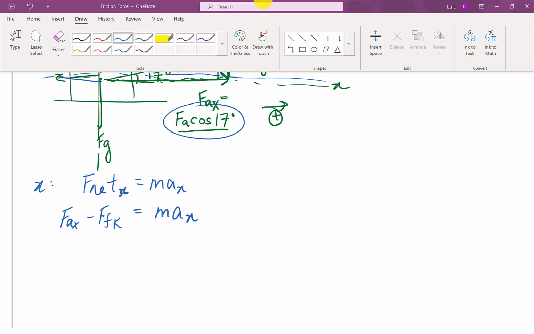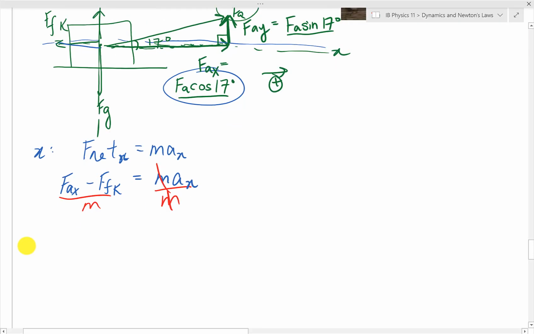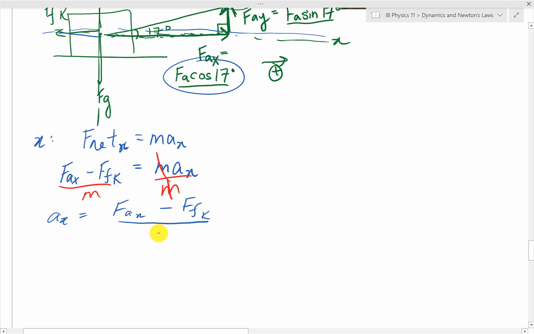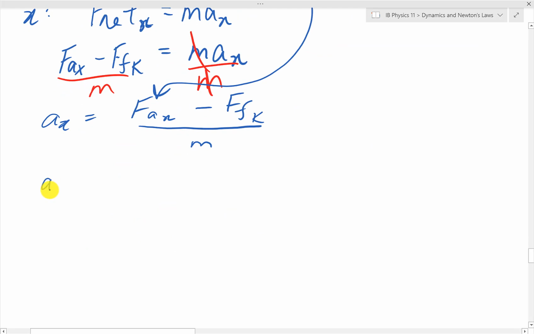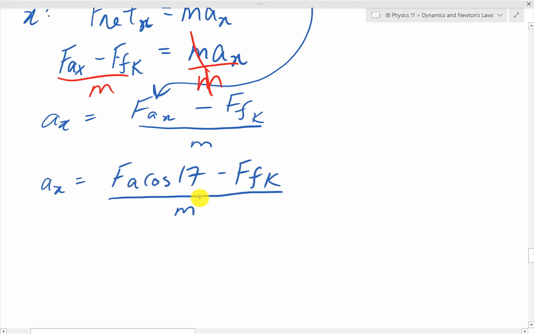We are going to solve for the acceleration by dividing both sides by our mass. We get the acceleration equals Fax minus FFk over m, and we can substitute Fax in already, which gives us Fa cosine 17 minus FFk over m.